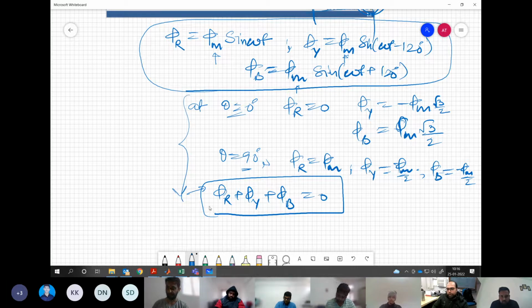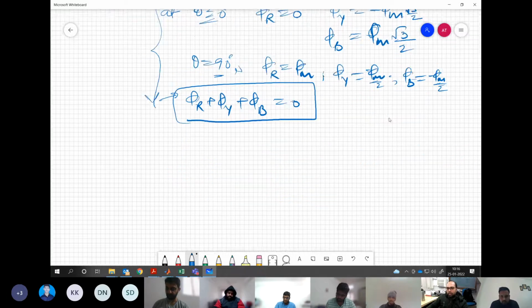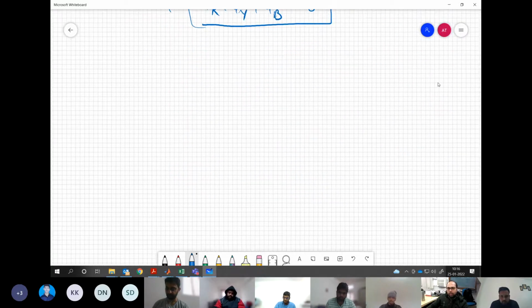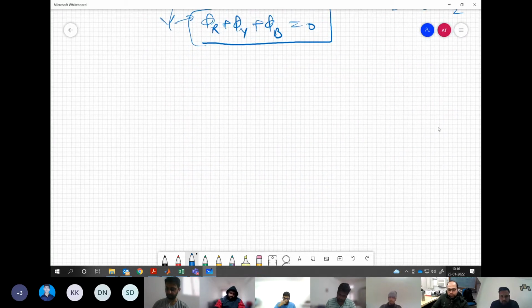Now we are going to introduce another aspect when we are making a motor, which is called space distribution. And then I may need to take help of some drawing tools. So just let me check.